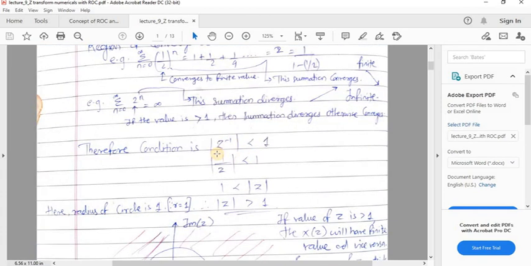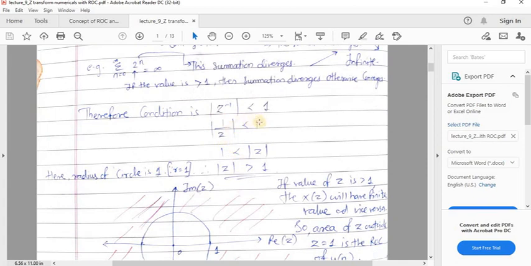After simplifying, this becomes 1 upon z, so mod of 1 upon z should be less than 1. After cross multiplying, it becomes mod of z greater than 1.